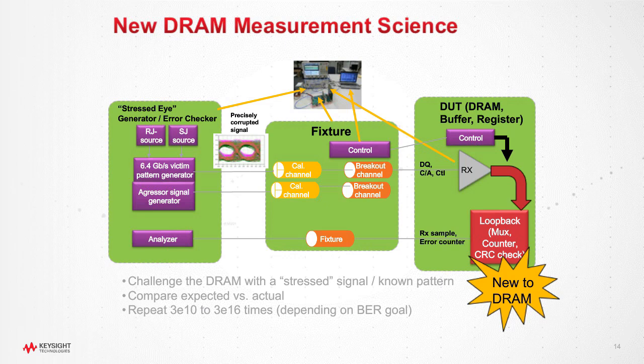That's fundamentally how you figure out what the bit error rate is. This is a feature that has not existed in any JEDEC standard up through DDR4. And so going forward, it's the kind of thing that is going to be very important.